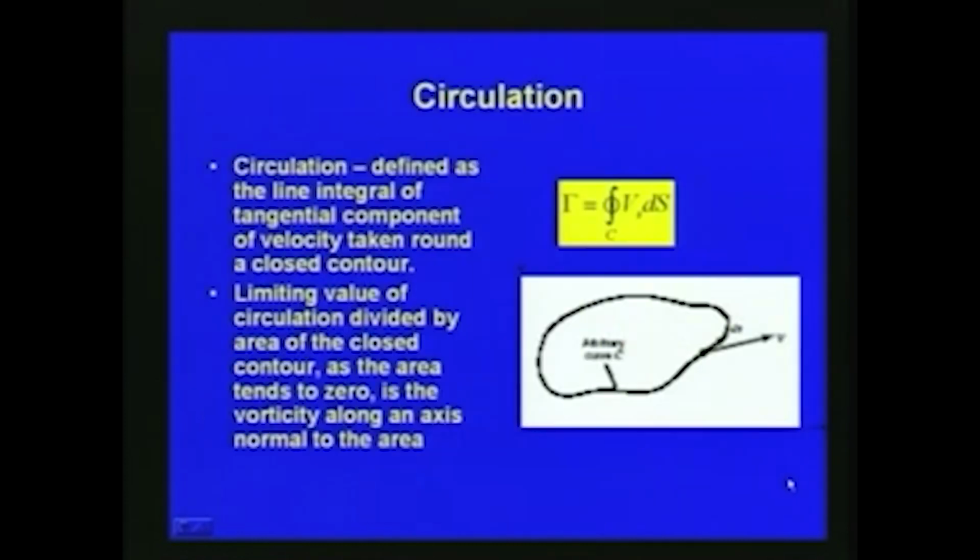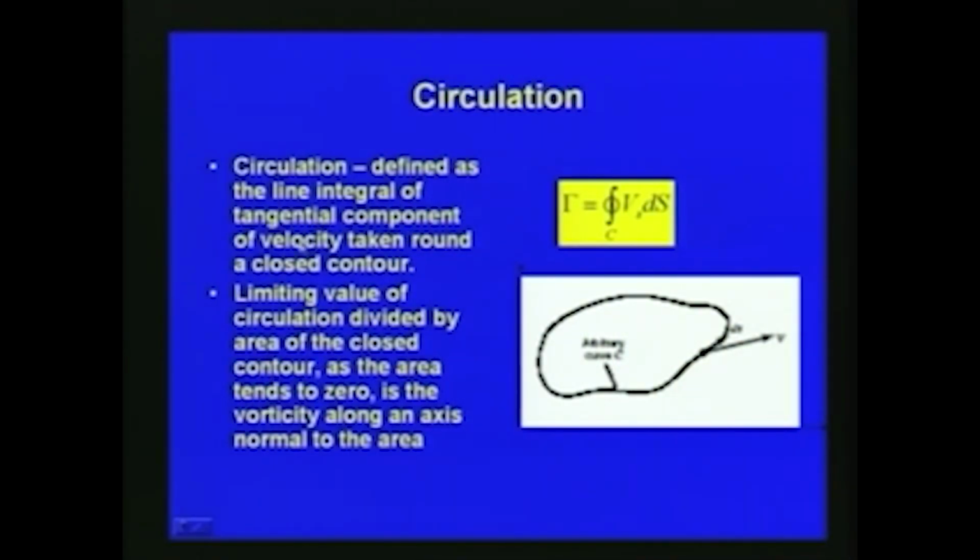So now wherever rotational flow is concerned, with respect to the rotation and the vorticity, we can also define another term called circulation. Circulation is defined as the line integral of the tangential component of velocity taken around a closed contour.